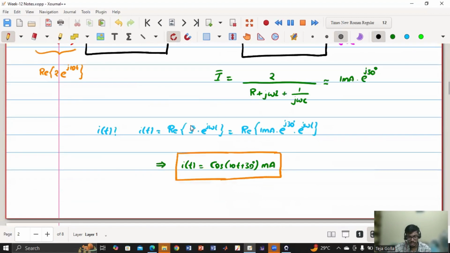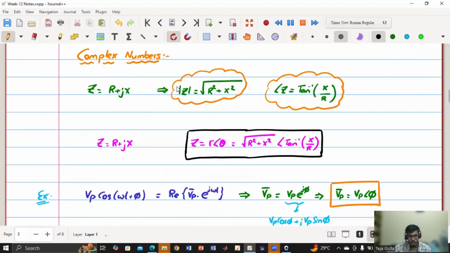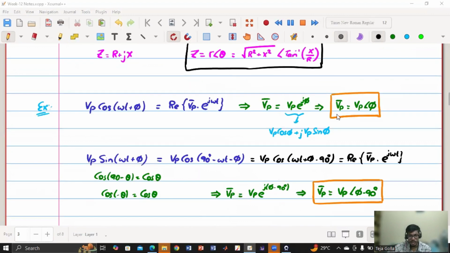Once we get the phasor, we can write the time domain expression. Complex numbers can be written in rectangular or polar form. Note that cos omega t is angle 0, and sin omega t is angle minus 90 degrees.